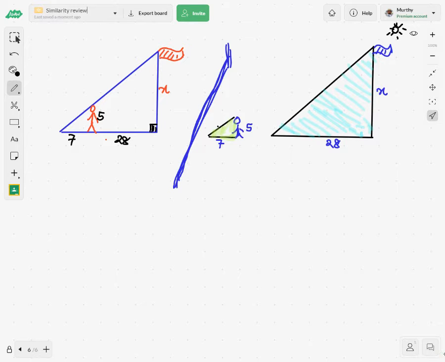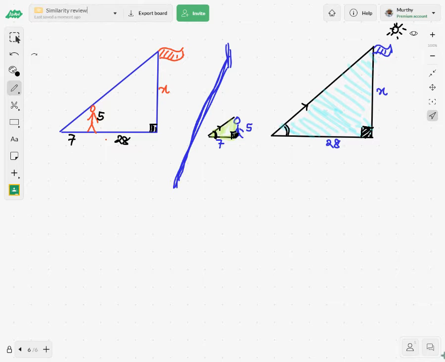Parallel means these two lines are parallel. Therefore, corresponding angles are equal. And these two are perpendicular. The flag post is standing vertically, so this is 90 degrees, and Shania is also standing perpendicular to the ground. Therefore, by AA similarity, this angle is equal to this one. Corresponding angles are equal. 90 equals 90.